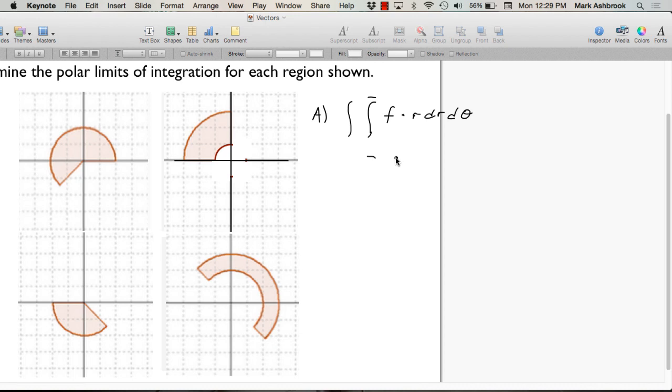Okay, Sarah, what is it? Yeah, so r starts at 0, and for all theta, no matter what theta is, it's not really a function of theta, it always goes out to r equals 2.